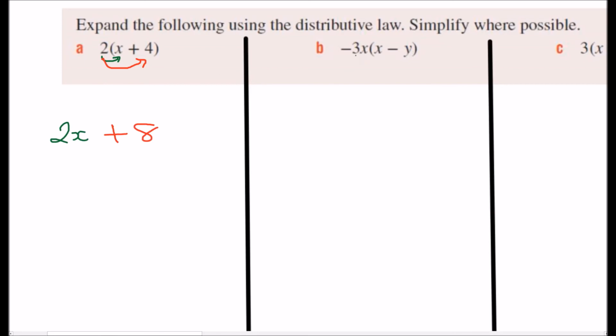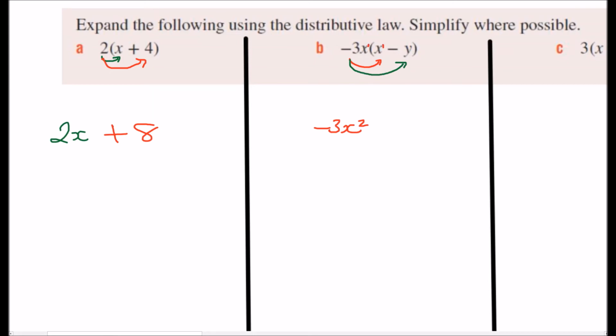Okay, in this case here, negative 3x times x, that's the first one, and then also negative 3x times negative y. Negative 3x times x is going to give you negative 3x squared. Remember, when you're multiplying any variables together, the indices must get added.